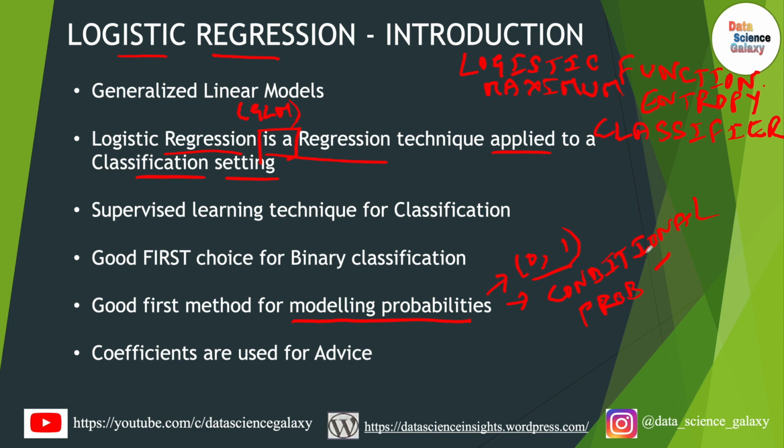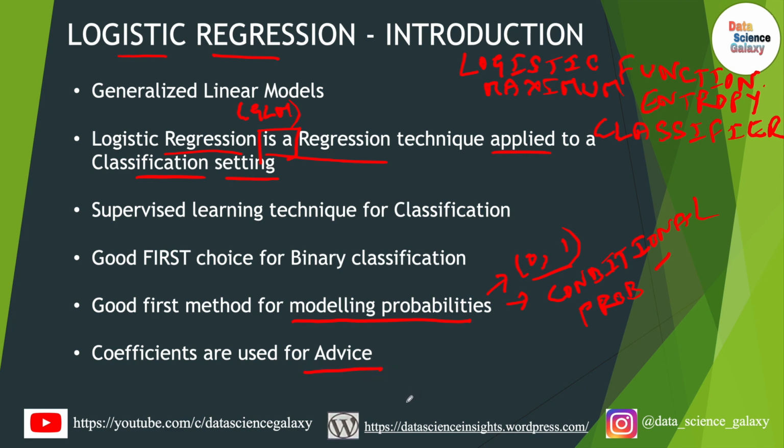Another point to understand from the perspective of logistic regression is that the coefficients of logistic regression are typically used for advice, as they help you to quantify the relationship between the outcomes and the input variables going into the logistic regression model. The last point, though I've listed it as the last, is by far the highest-impact statement to talk about.